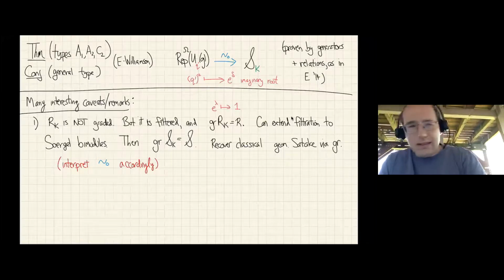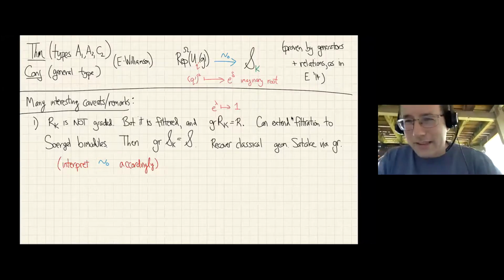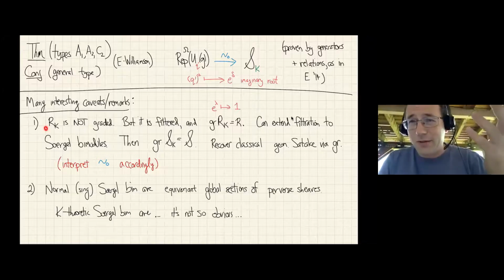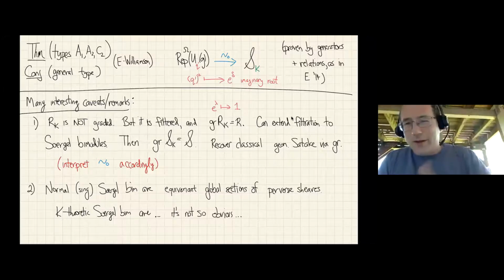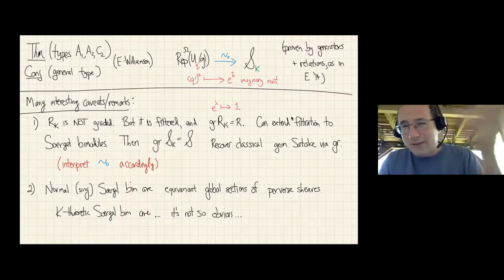So the second caveat is, is this really a geometric reformulation of what's been done? Well, normal Soergel bimodules are equivariant global sections of perverse sheaves, so they have a really concrete geometric meaning. There's no such thing yet as K-theoretic perverse sheaves, so it's hard to say what these are the global sections of. We'll leave that point aside. One day there will be geometry to explain this, but at the moment it's not really geometric.